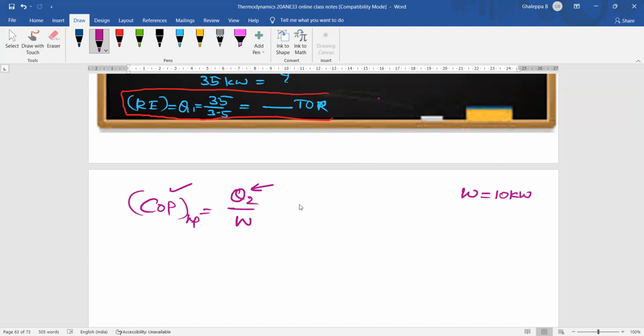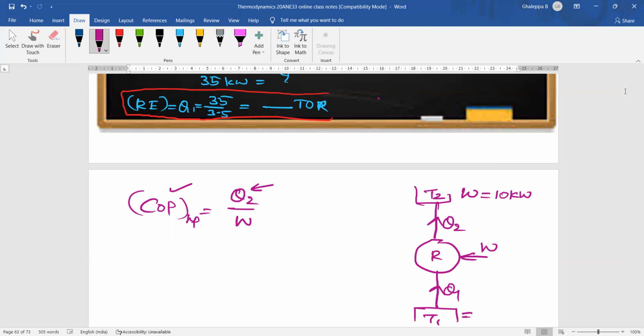So how to calculate Q2? Let me draw the same diagram that we have taken on the first page. Q2 is related to T2, and Q1 is related to T1. Dear students, you can change anytime. It doesn't mean that Q2 is always at the bottom side, no issues. You can take Q2 here, related to T2, and assume it as the low temperature reservoir.